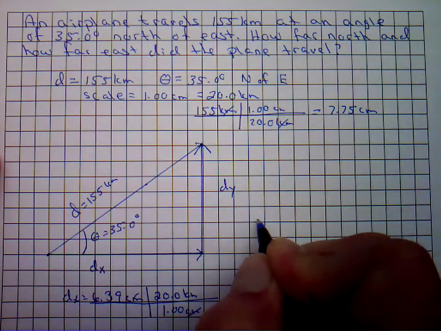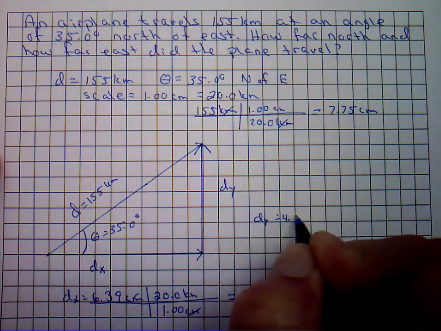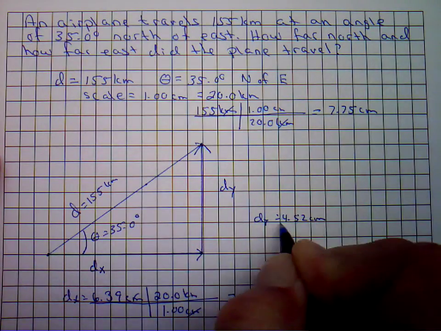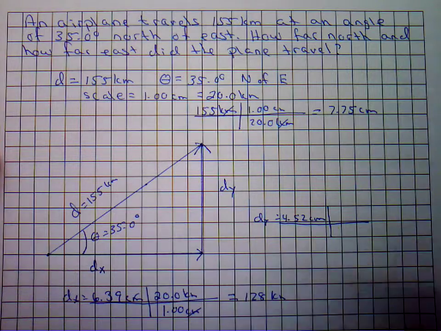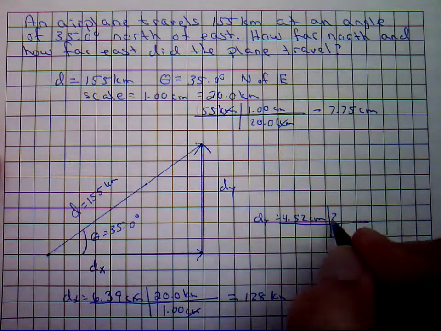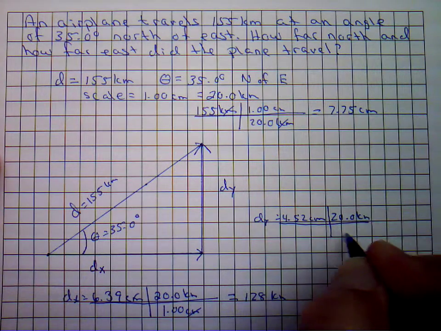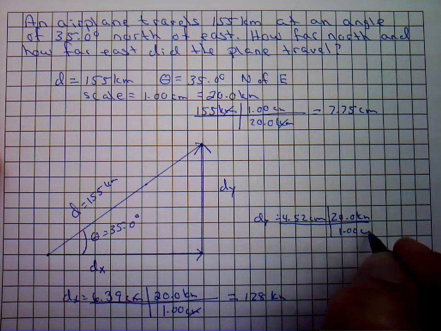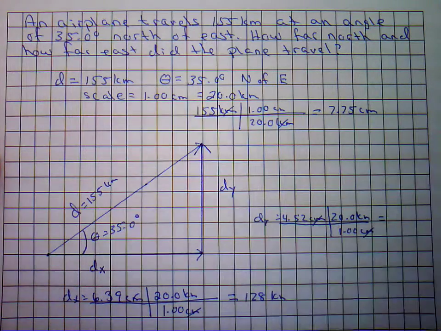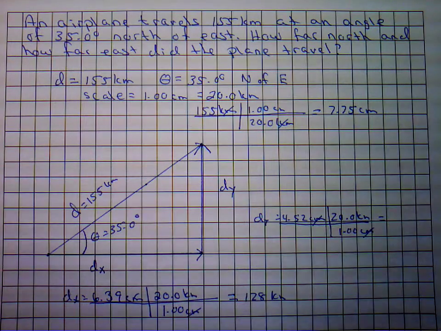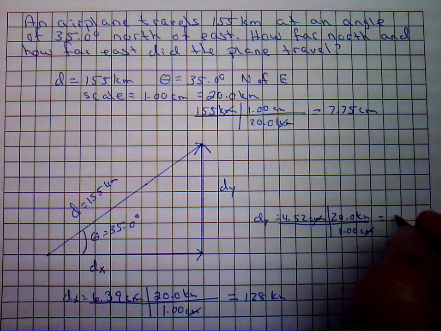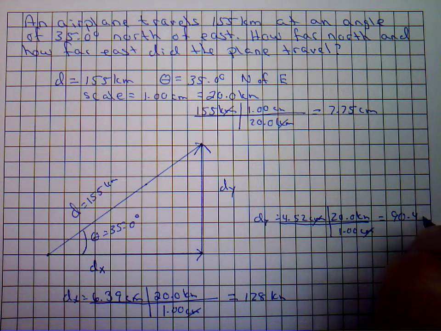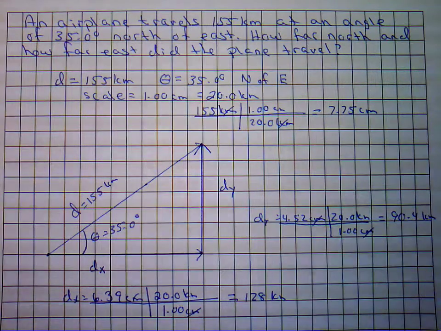So this y component is 4.52 centimeters. I then convert that with our scale using 20.0 kilometers per centimeter, so the centimeters cancel. We do the calculation and should end up getting 90.4 kilometers.